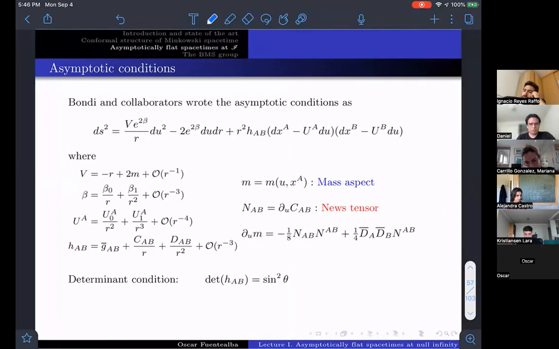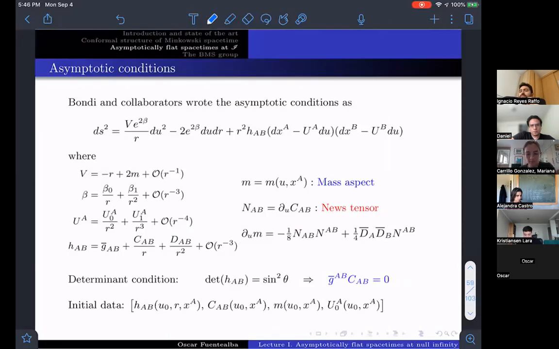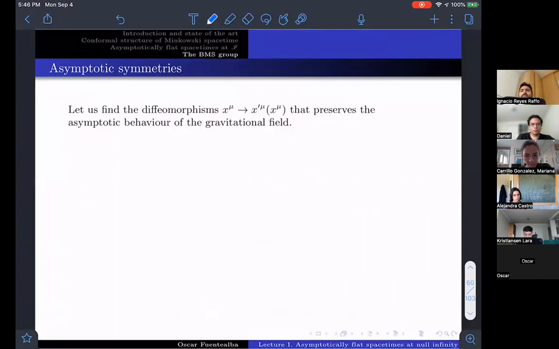So the determinant condition that I already told you says that this tensor C_AB must be traceless, and we also need initial data in order to solve the Einstein equations, and with this initial data we can solve all the Einstein equations and find an arbitrary solution from there. But now let us explore what an asymptotic symmetry is and find the asymptotic symmetries for this space-time.